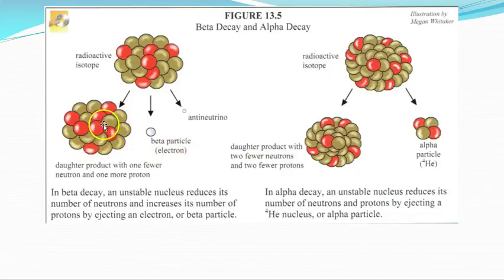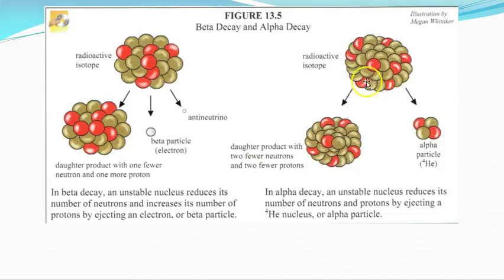The daughter product has 1 fewer neutron and 1 more proton. So the unstable nucleus reduces its number of neutrons and increases its number of protons by ejecting an electron or beta particle. It also ejects an antineutrino, but this is a particle that is just too complicated to learn about in high school physical science, so we won't be talking about it.